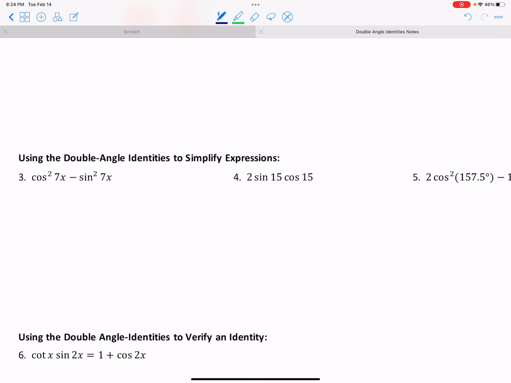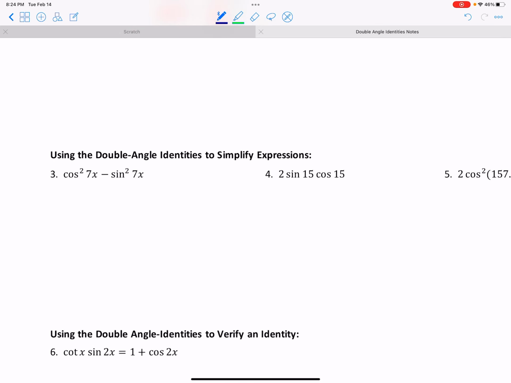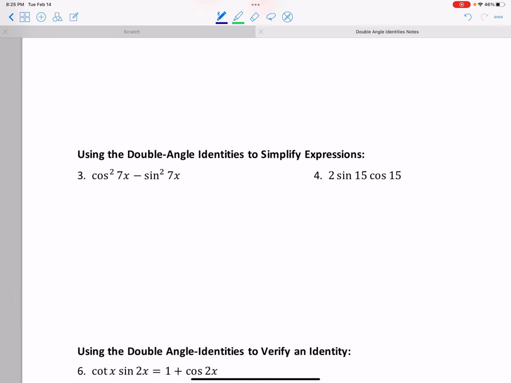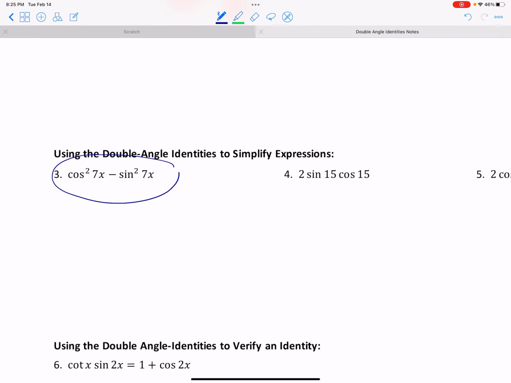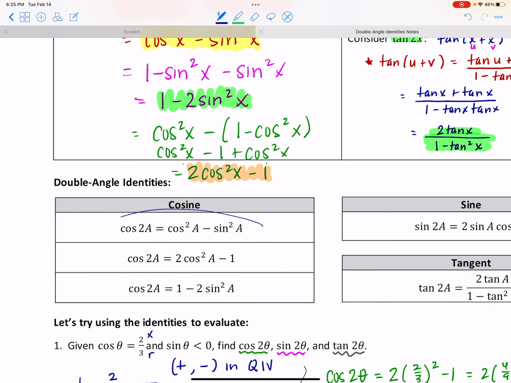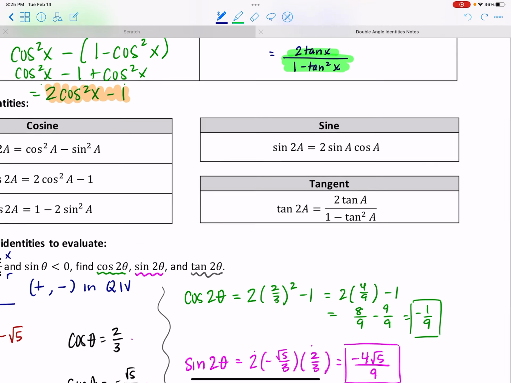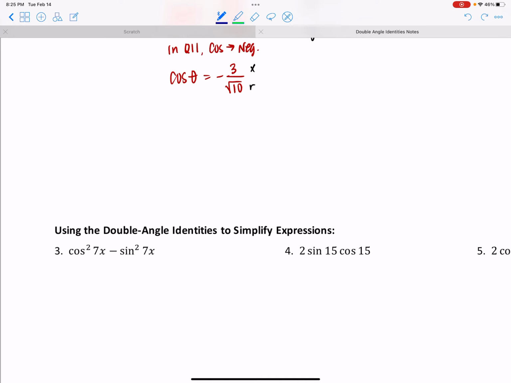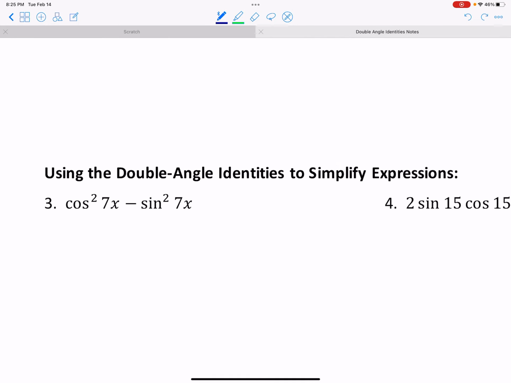So let's try that. When we see some of these situations, we just have to recognize that we have a double angle. So when you're seeing this, hopefully it's looking familiar. If you look back at our first cosine of a double angle, cosine squared minus sine squared, this piece right here, that's what we're seeing. So then, instead of expanding out a double angle, we're going to try to simplify or condense this.